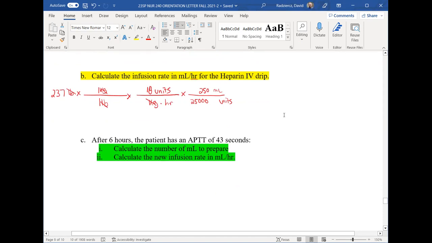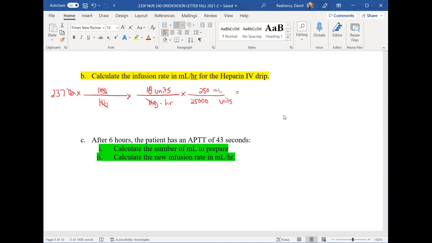Okay, so I'm going to plug that all into my calculator. Again, this is just one way to solve this, but I'm going to take the 237 times 18 times 250. Then I'm going to hit equals, then divide by 2.2, and then divide by 25,000.